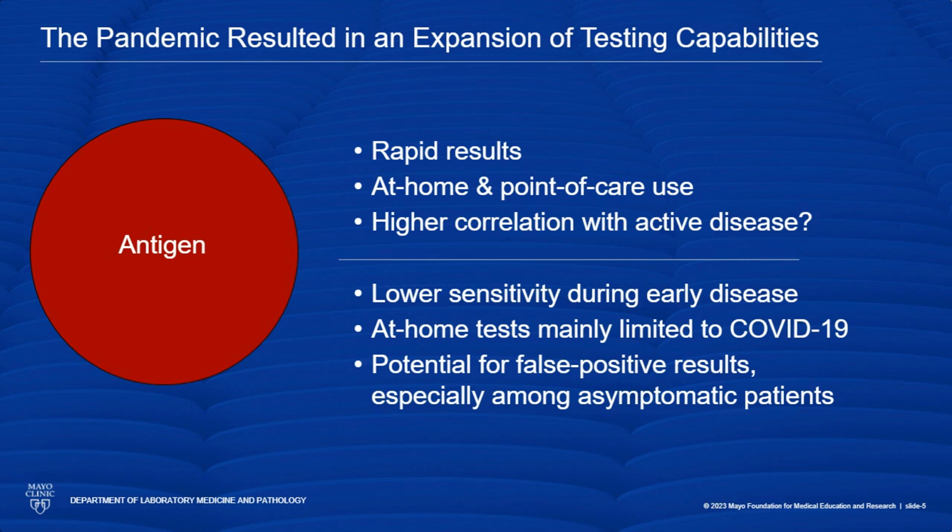And then a final limitation that I would point out is that when we perform antigen testing at large volumes, testing large amounts of people, especially those who lack symptoms, there's always the potential for false positive results. And so correlation with clinical disease is always important, as well as follow-up testing by other more specific methods.